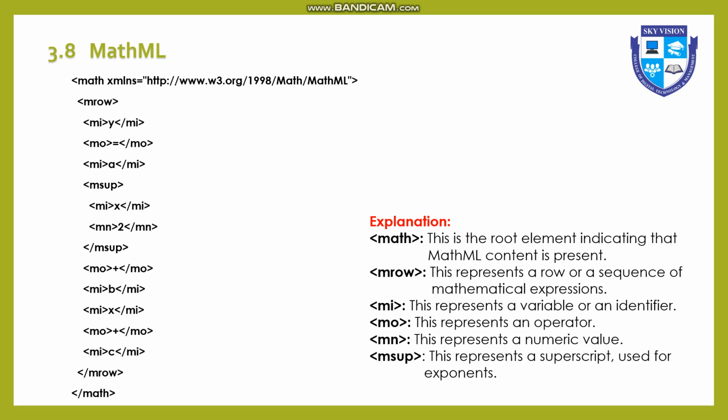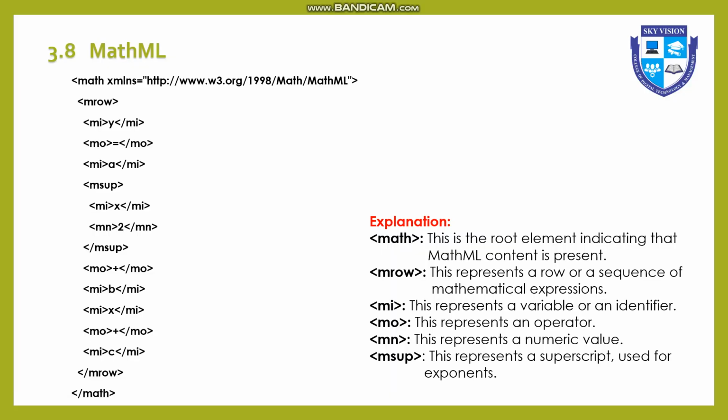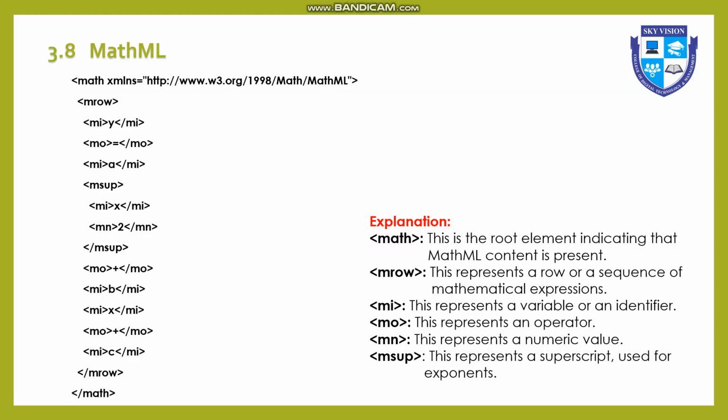After that, again slash, then 1998, slash, then math, again math, and the last one I want to write is MathML. So this is exactly the link we are taking.